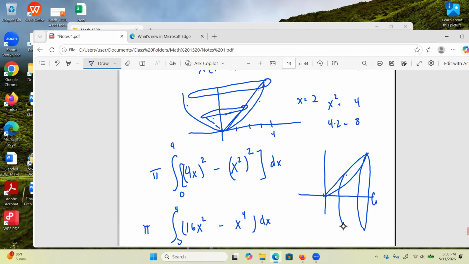Okay? So again, we're getting this giant cone piece here, and we're taking away this little piece in the middle here. So it's going to look like a cone with this little piece kind of filled out here. Okay, so that's what we're trying to do with this.